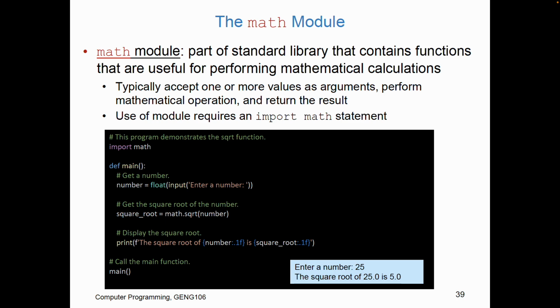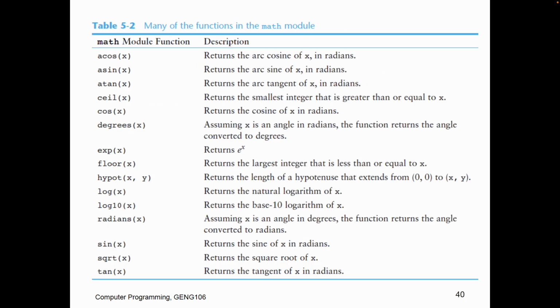We convert it to float, and then we would like to take its square root. For that, we say math, which is our module name, dot sqrt. Sqrt is the name of the function, square root. It takes one number and returns the square root of it. So we keep it here and then we print it here. This math module might be one of the most popularly used modules for you, for the engineering students.